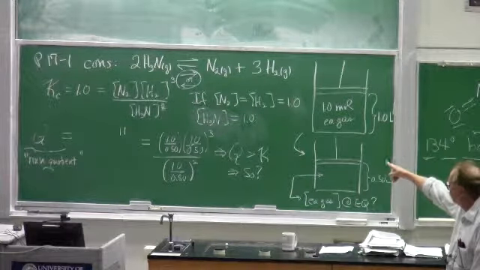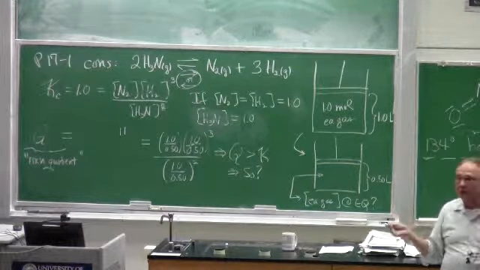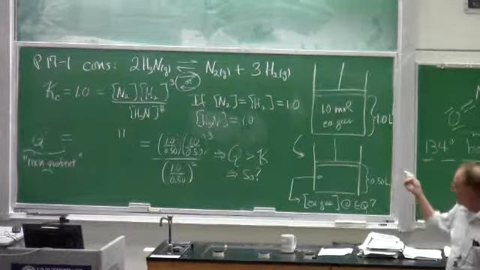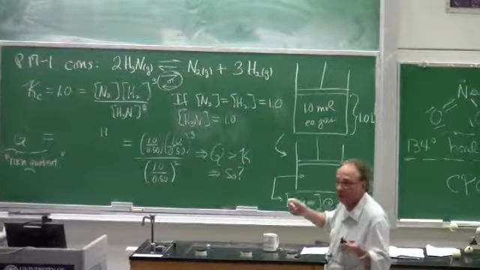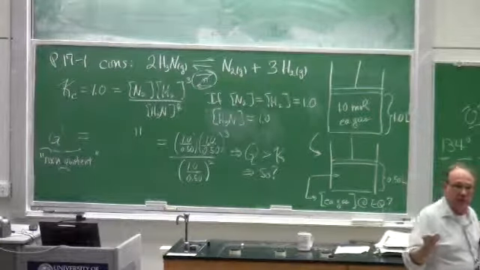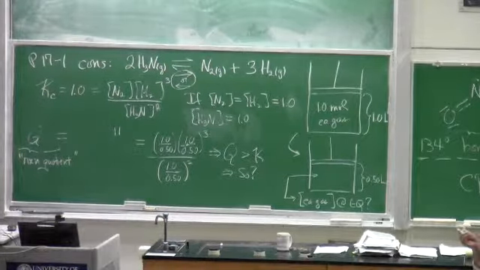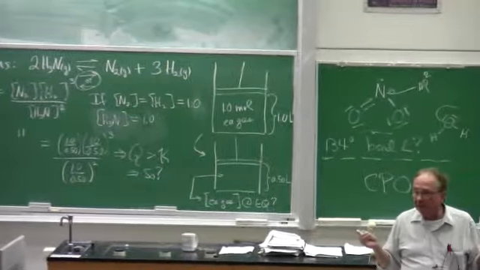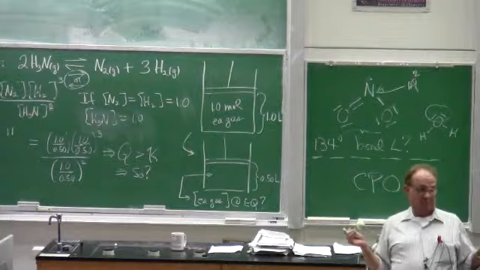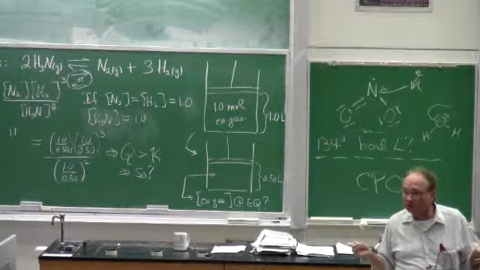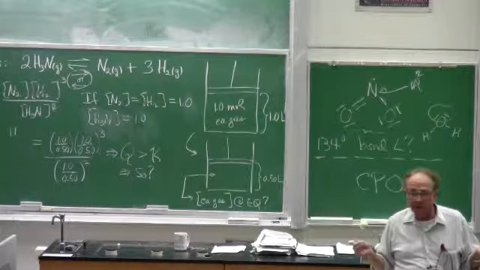If you have only reactants, using the coefficients to represent moles, you've got 2 moles of particles. If you've got only products, you've got 4 moles of particles. And when I reduce the volume, do you think that's going to drive the system to go from more moles to fewer moles?